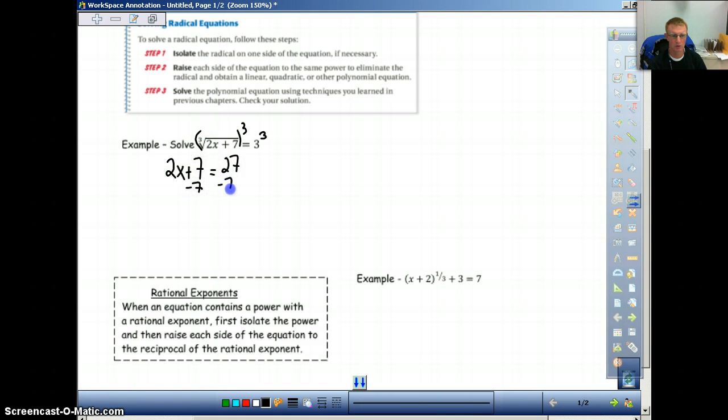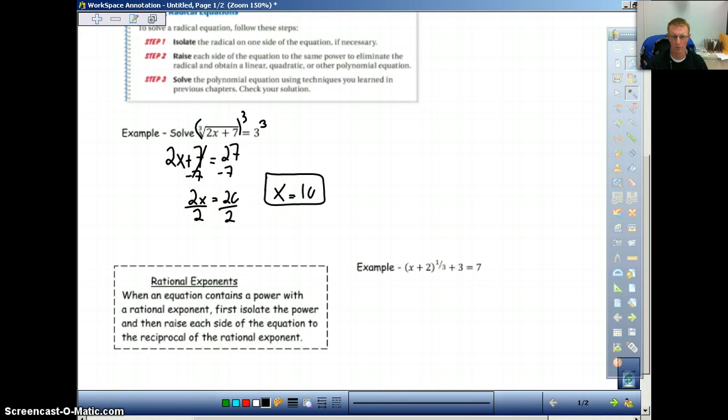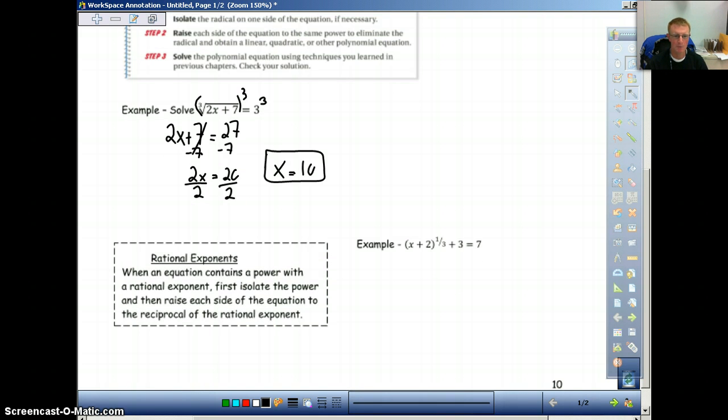Minus 7, minus 7. 2x equals 20. Divide both sides by 2, and we get x equals 10. That should be fairly straightforward. That's really Algebra 1 stuff, probably even 6th or 7th grade stuff.